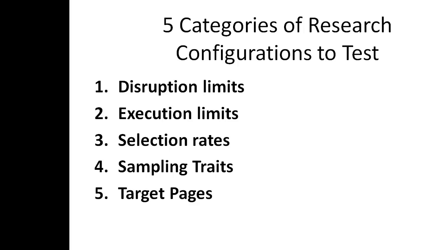The execution limits, for the purposes of this video, are considered the cookies that get set when the research tool is executed, when an opt-in dialog is either accepted or dismissed. So that's how we'll treat execution limits. Selection rates are essentially the rates at which you want to execute the research.